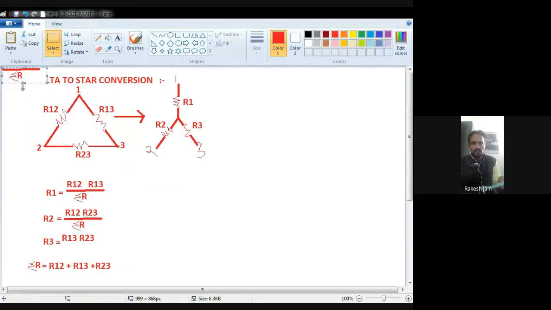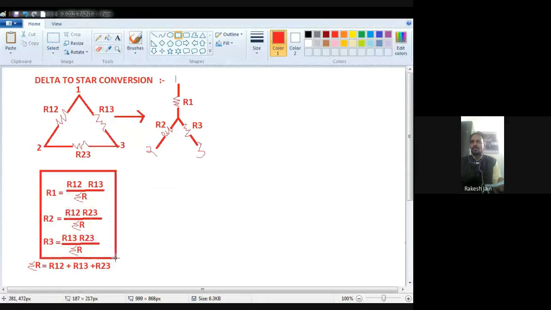So R13 multiplied by R23, divided by summation of R, and this will be your representation of conversion of a delta network into a star network, in which the denominator summation of R is equal to the sum of R12, R13 and R23 of the given delta network you wish to convert. Okay, so this is the formula.